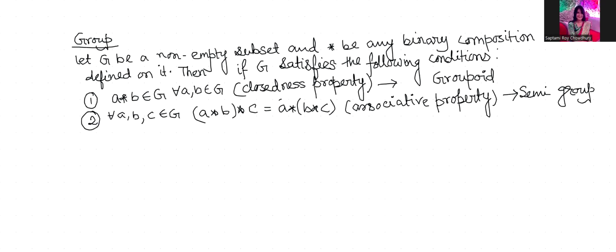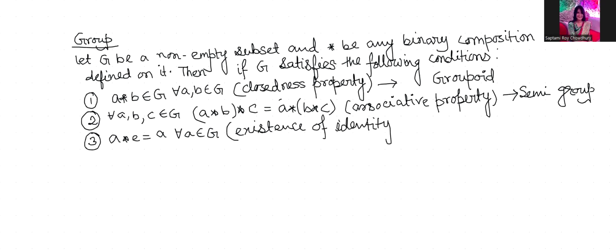Third one, a star e equal to a for all a belonging to G. Existence of identity. If it is satisfied, then it is called a monoid.